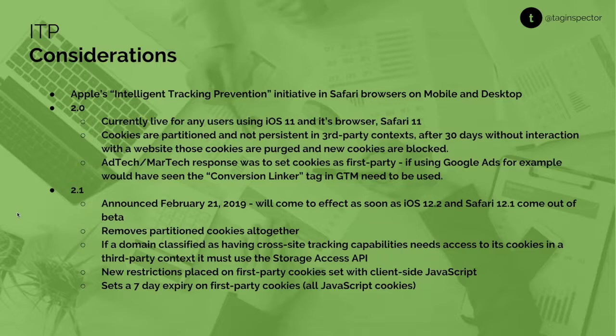In response to that, a new update, which is in beta right now, will be rolling out pretty soon. It basically sets new restrictions even on first-party cookies. All cookies set by JavaScript on a website are going to have a 7-day expiration. That's going to have an impact on analytics, because if I'm a user who comes to a website and then doesn't return for 10 days, I'm going to be registered as a new user.